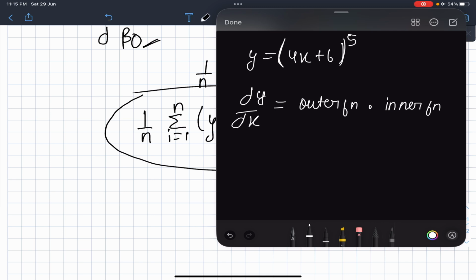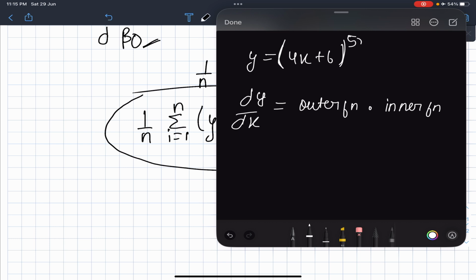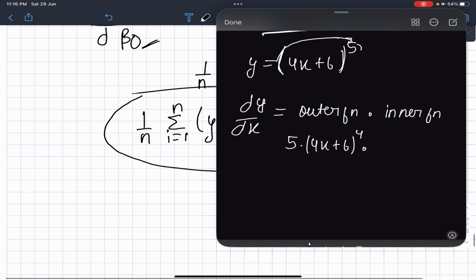So what is the derivative of the outer function? We know the power rule: the power comes in front, times 4x plus 6, and the power reduces by 1, from 5 to 4. And what is the derivative of the inner function?